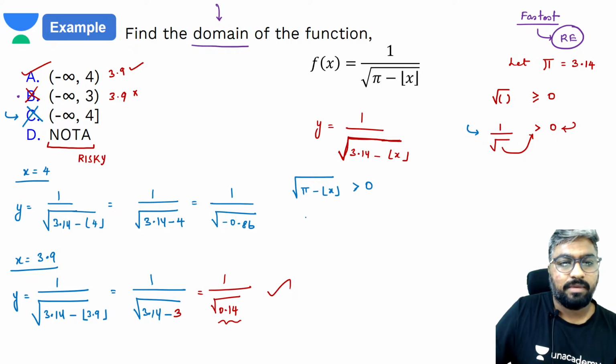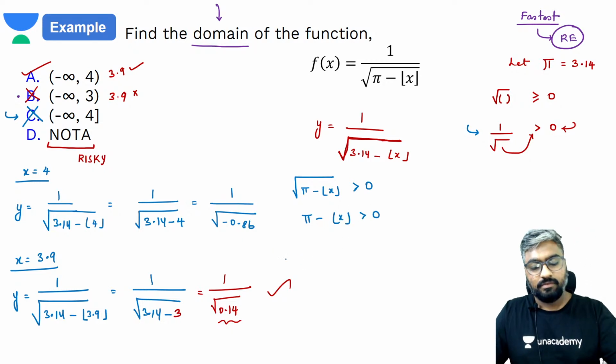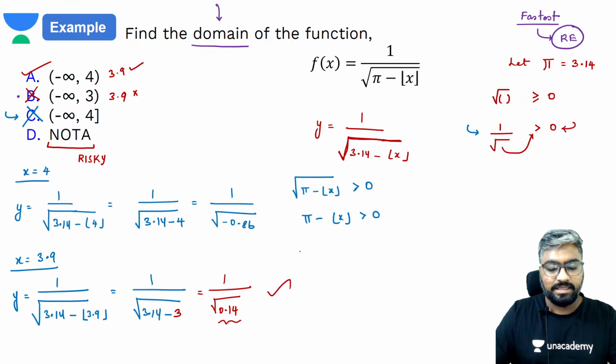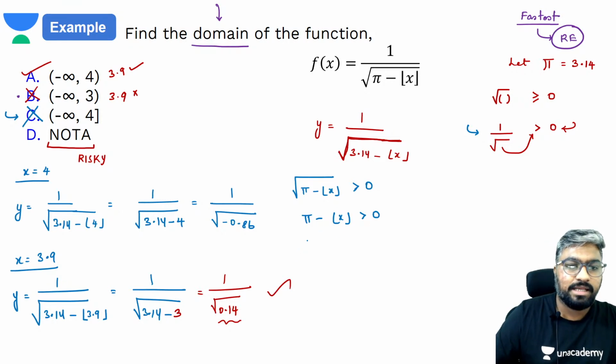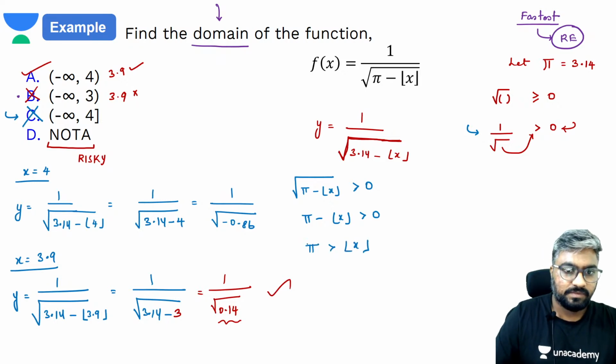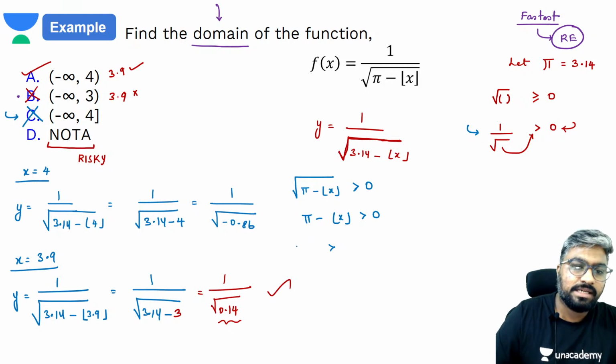It means pi minus the greatest integer function of x must be greater than 0. So pi must be greater than the greatest integer function of x, or conversely, the greatest integer function of x must be less than pi.